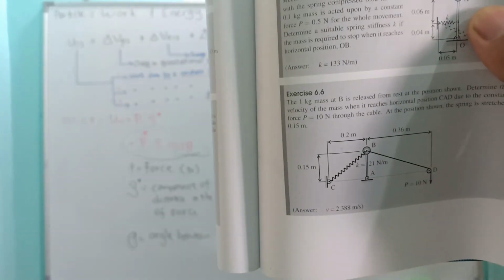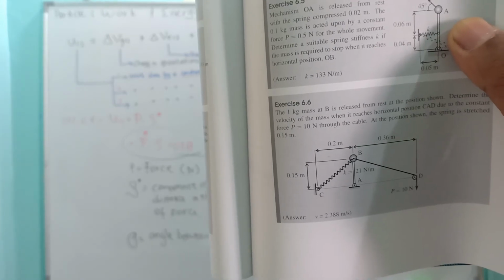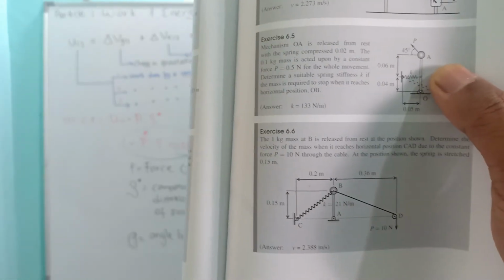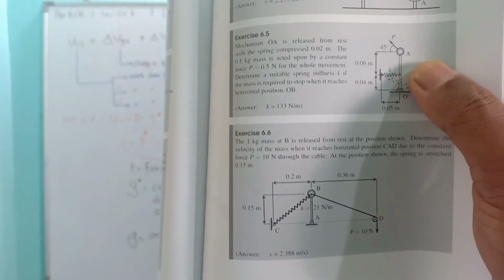In the next example, there is a cable and P also, but at point B, the particle, there is no direct P. So this one also the U12 because of the constant force will be 0. So that's what I mean: if you see it stated clearly in the question, you will use the U12. If not, it will be considered as 0.